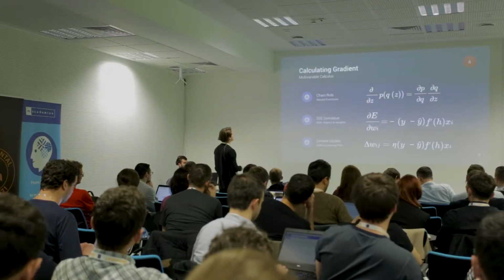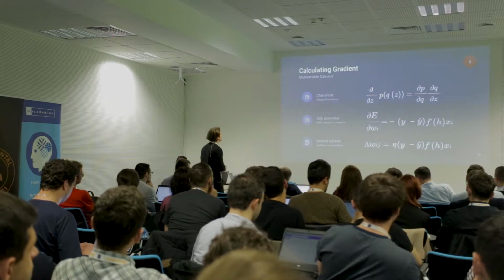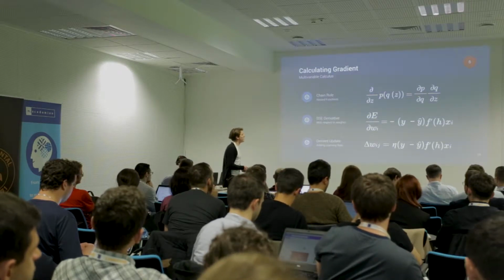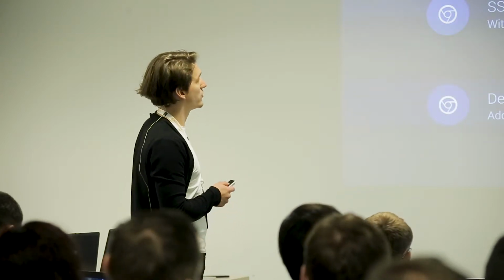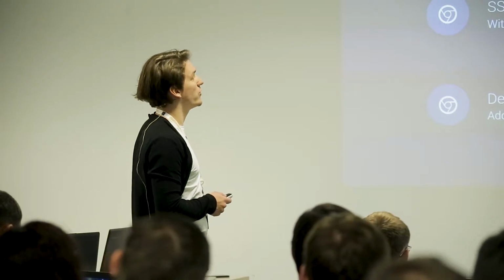To calculate the gradient, you need to use multivariable calculus. I'm not going to go into details here, but given that you have multiple nested functions, you need the chain rule. Using the chain rule, you can calculate the derivative with respect to each weight.